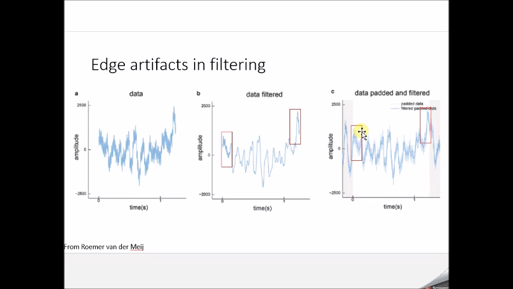So if you look at the dark blue line here, you can see that it no longer has edge artifacts as the filtered signal had in the finite signal case where we only had the signal within the trial.